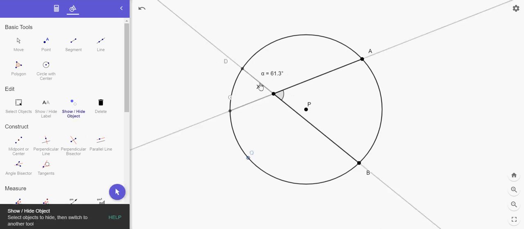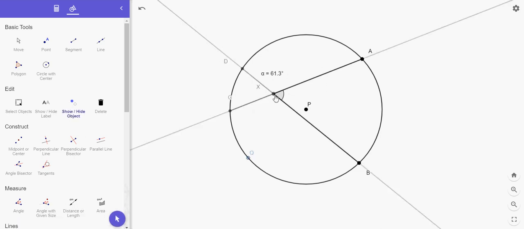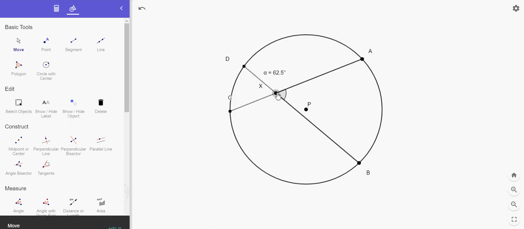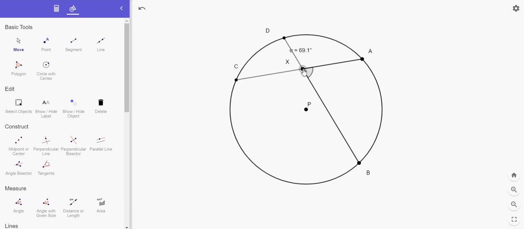What I'm going to do is extend these sides like that. This is now called the angle formed by two chords. AC is a chord and BD is a chord, and so we're thinking of this as the angle formed by these two chords.